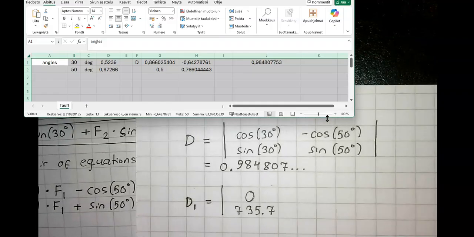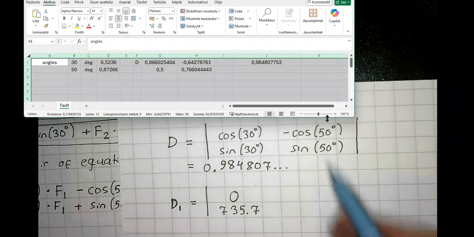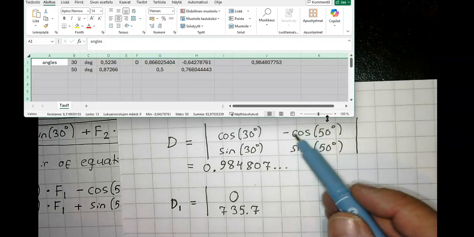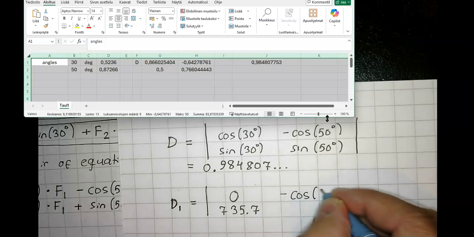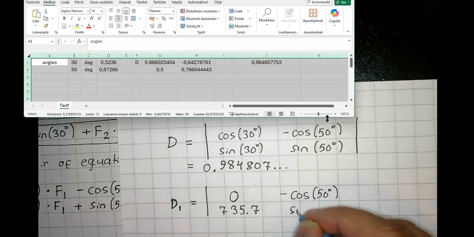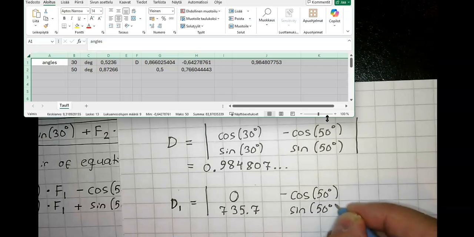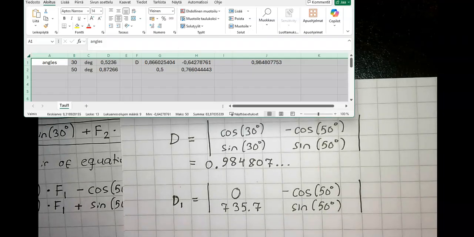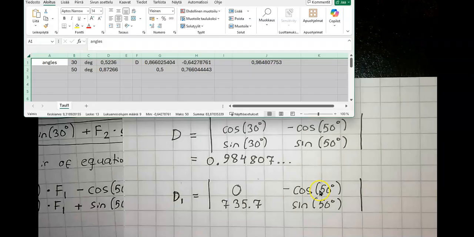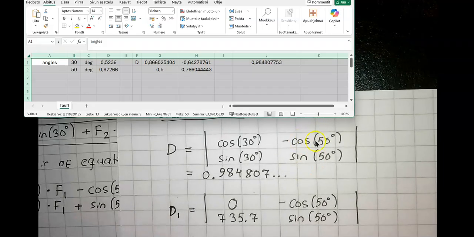And the second column in this determinant will be the same as this determinant above. So here I will have cosine 50 and sine 50. And now when we are using Excel, we actually find those values already there, because they are the same as here.